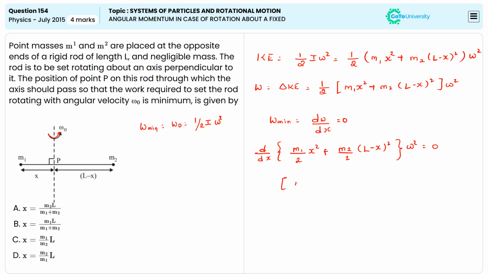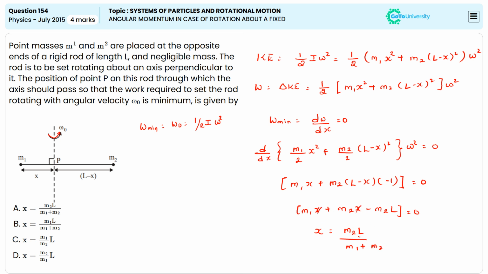We get m1 into x plus m2 into (L minus x) into minus 1 is equal to 0. Then m1 x plus m2 x minus m2 L is equal to 0, so x is equal to m2 into L divided by m1 plus m2.